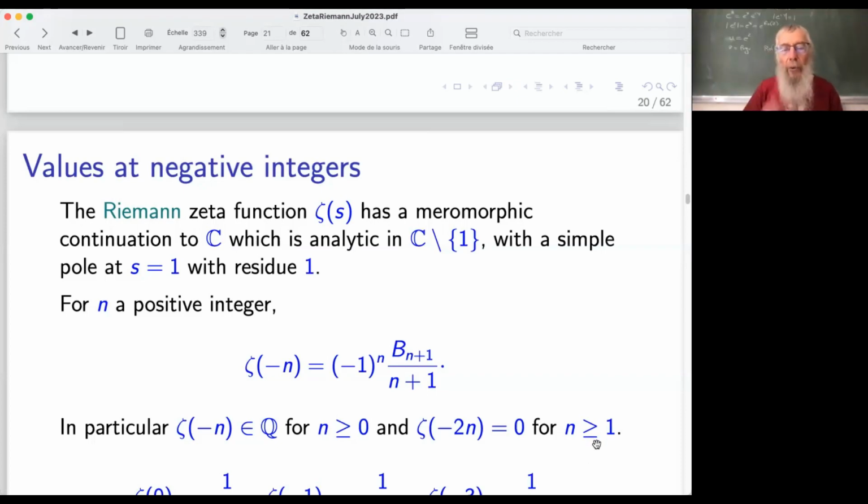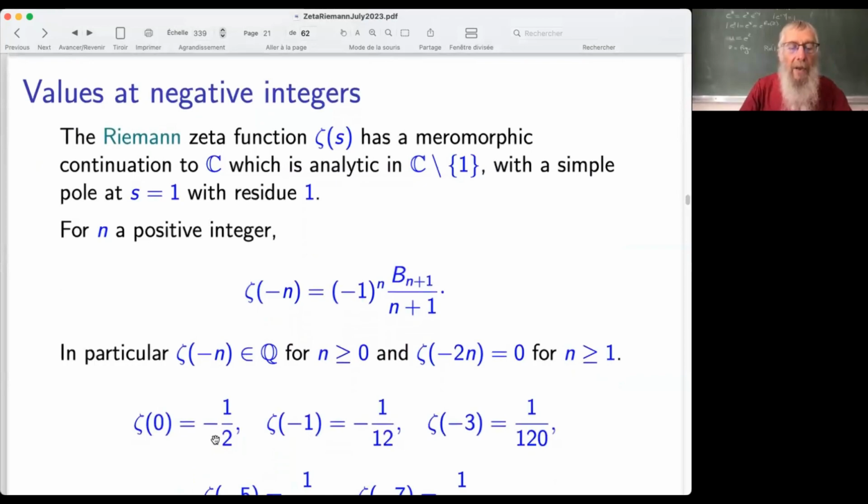So these are the so-called trivial zeros. And so we know that apart from -2, -4, and so on, the zeta function has no zero outside what I defined yesterday as the critical strip. So these are the trivial zeros of zeta, and the other numbers are non-zero.